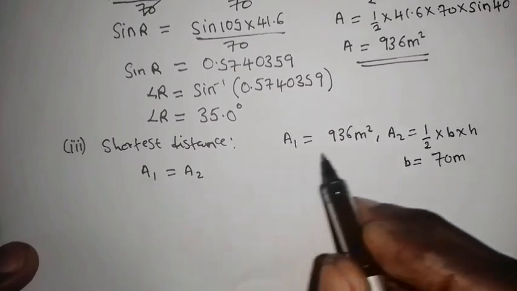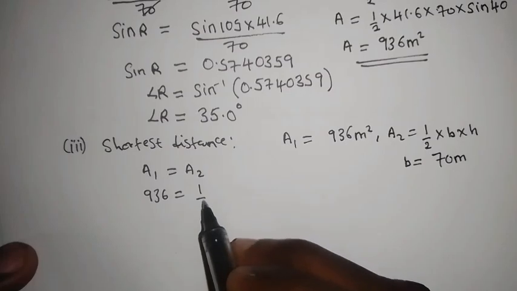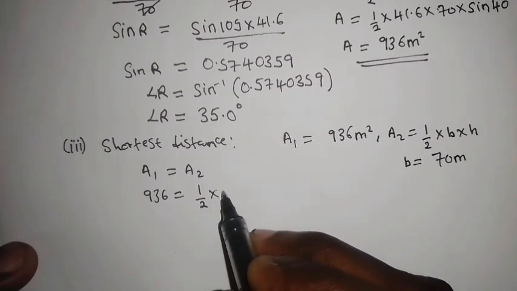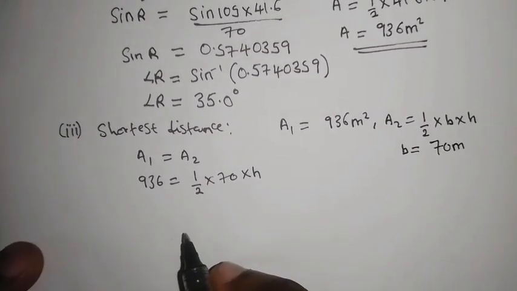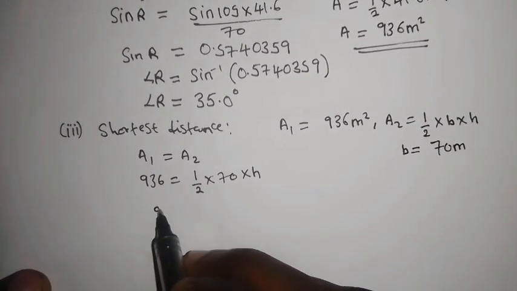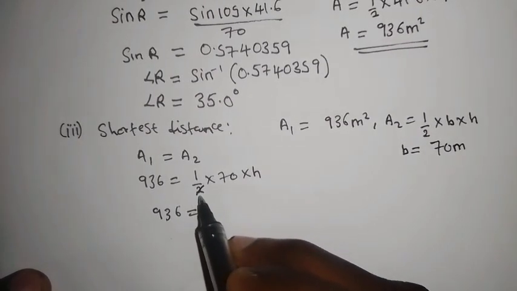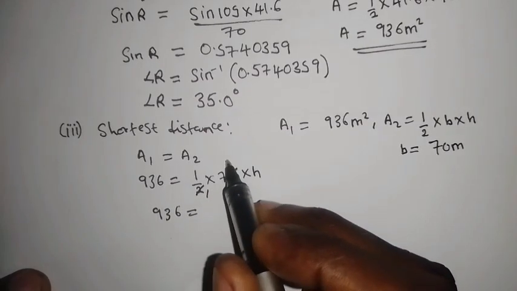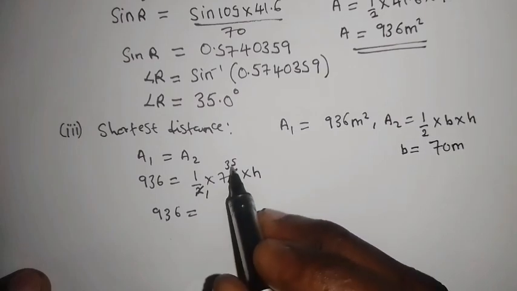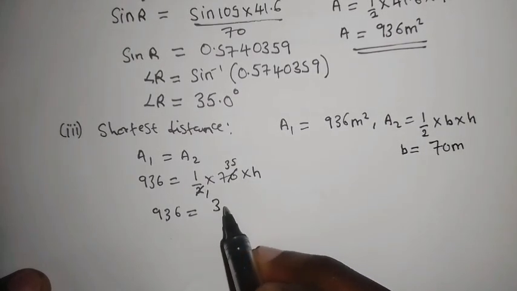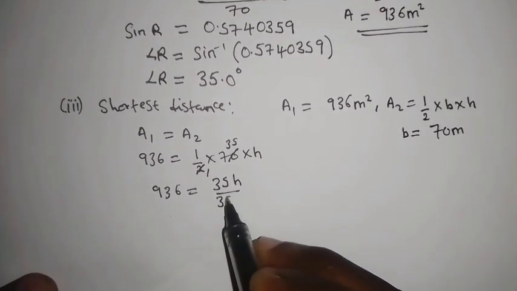So area 1, you can just put 936 is equal to area 2, which is 1 over 2 multiplied by 70 multiplied by h. From there, half of 70 is 35, so this is now 35 multiplied by h, 35h. Then you divide both sides by 35.